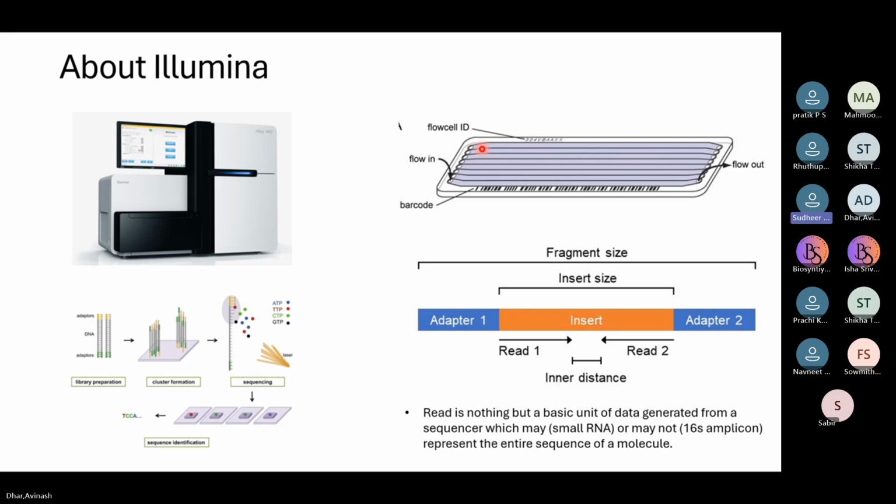So when the final output comes out, it has all the information, from the flow cell ID to the lane in which it got sequenced to the tile, the exact position from which that particular sequence is coming.